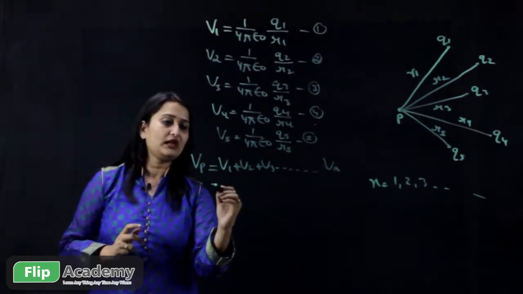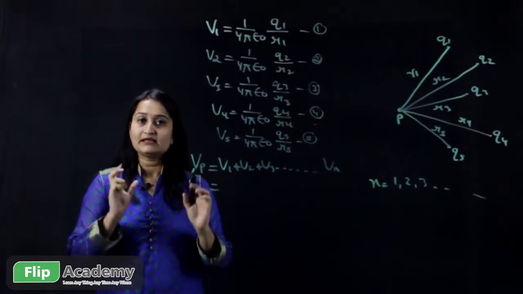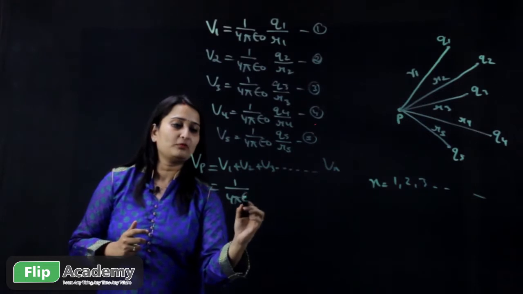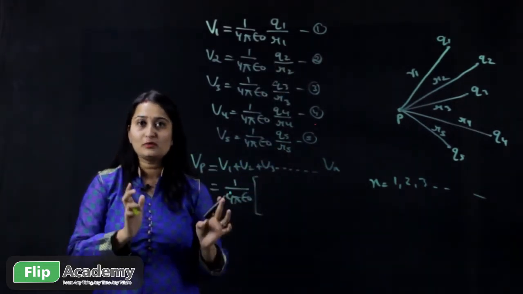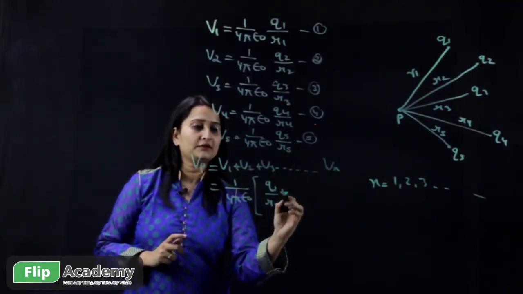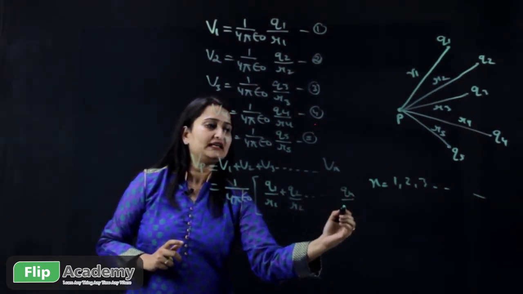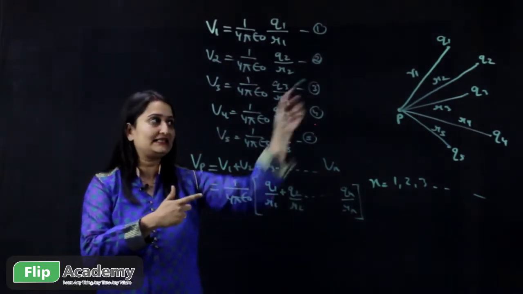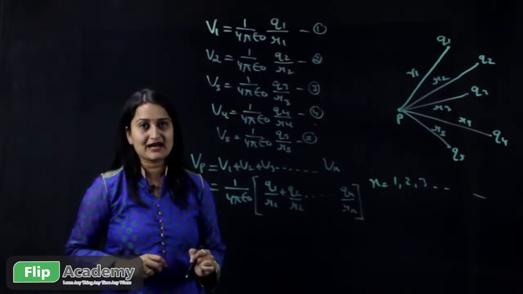Now I take the common term outside the bracket. The common term in all 5 equations is 1 by 4 pi epsilon naught, and the non-common terms remain inside the bracket: Q1 upon R1 plus Q2 upon R2, and so on till Qn upon Rn, which in our diagram is Q5 upon R5.